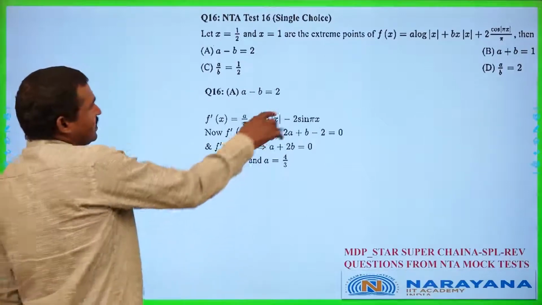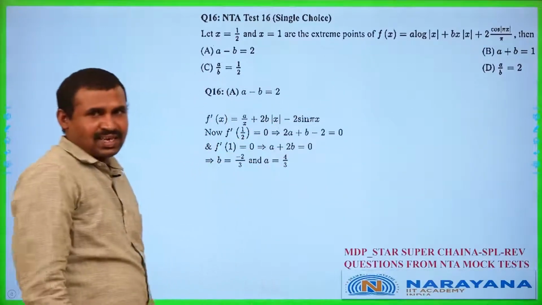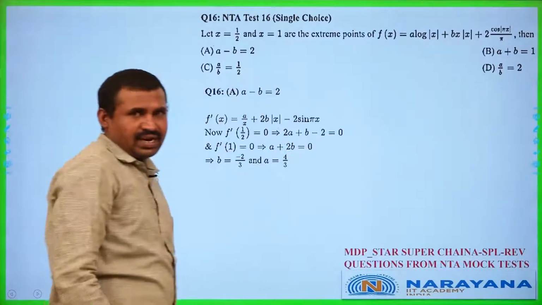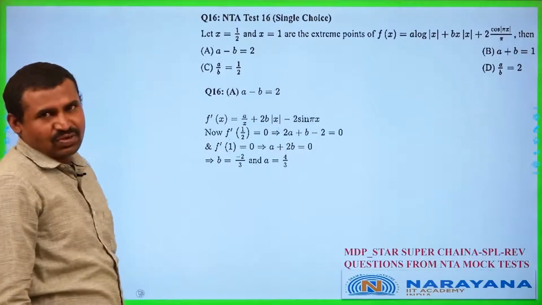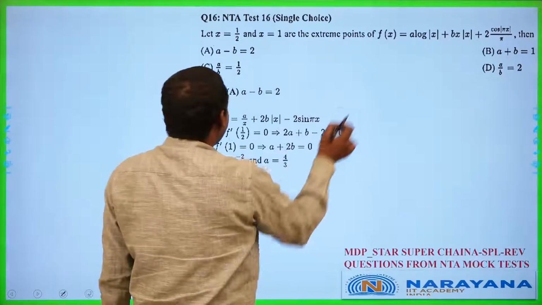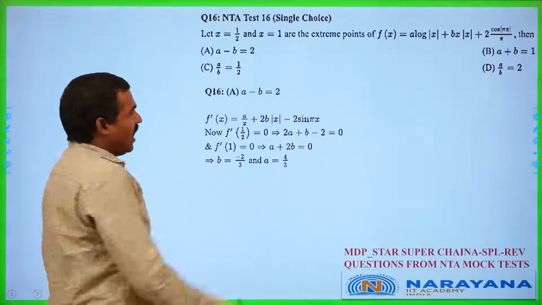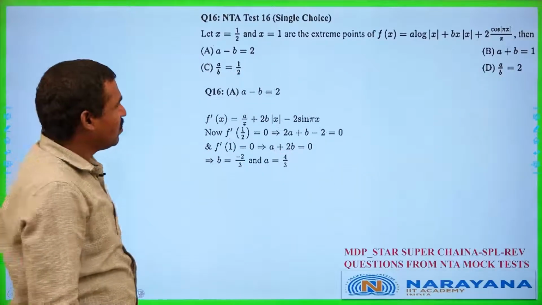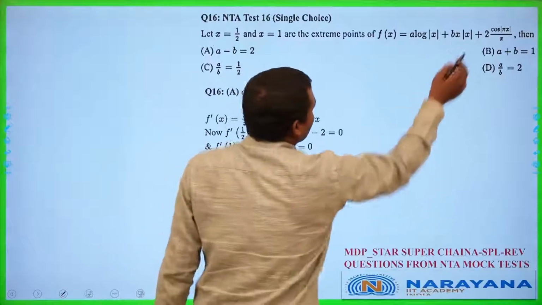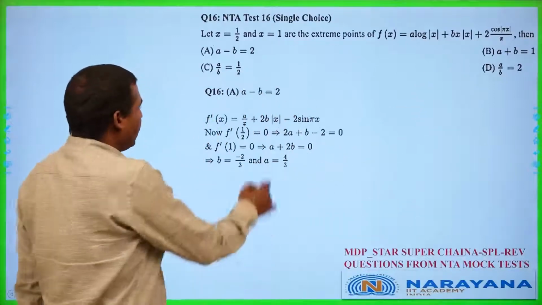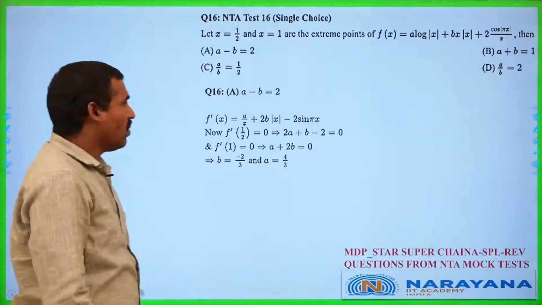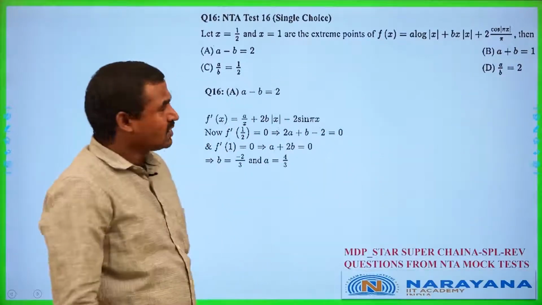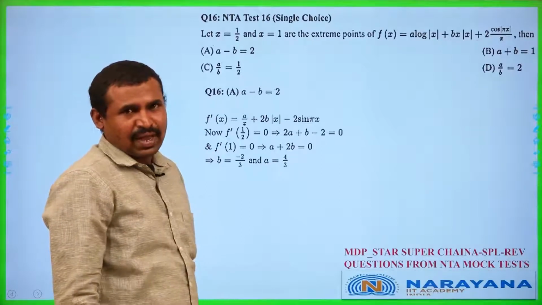So, now this is f of x. If you find f dash x, see the derivative of a log mod x is a by x only. So, f dash x is a by x, and for bx into mod x, the derivative is 2b mod x, and since cos is an even function, cos of mod pi x is the same as cos of pi x.